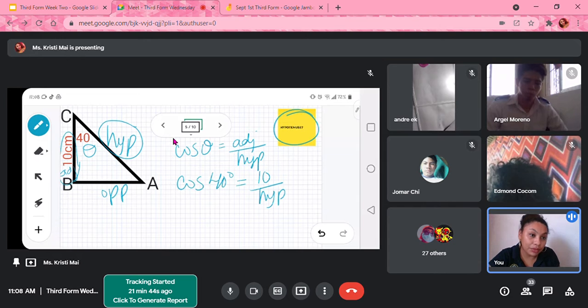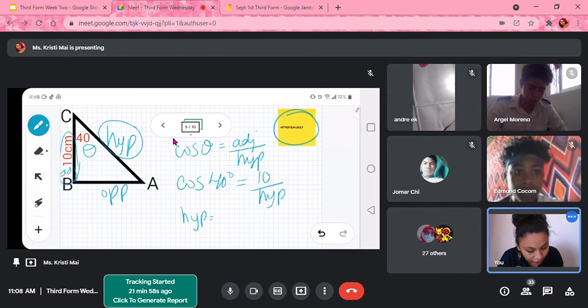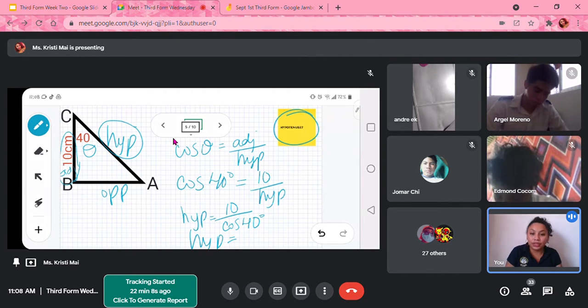Alright, all I did was substitute my values. Because what is missing is at the bottom of the fraction, I'm going to switch the places of cosine and hypotenuse. So hypotenuse is equal to 10 over cosine of 40 degrees.